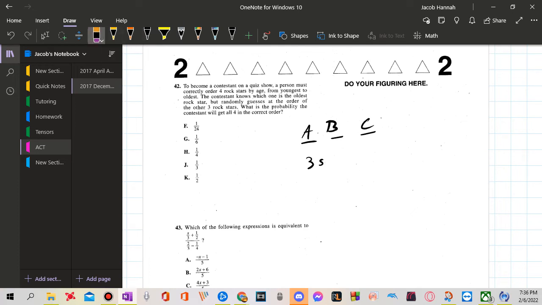or let's say 3 people, only one correct order. And there's two other spots that each rock star can occupy.